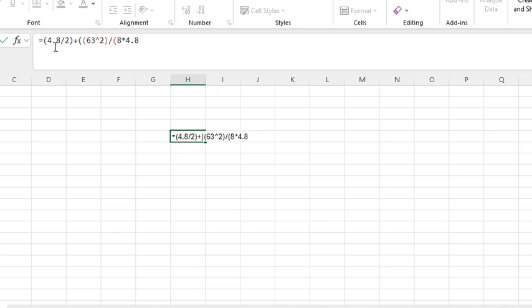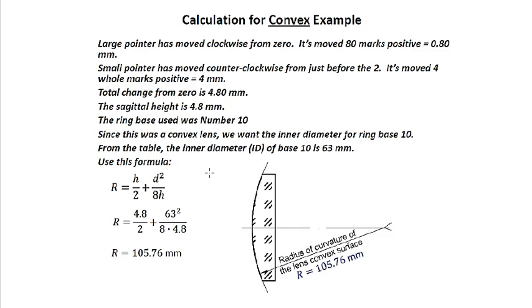Then you can just put it all together. So we have 105.7594. He rounded it to 105.76, so 105.76 millimeters. This is correct.